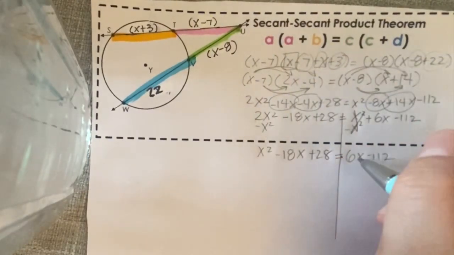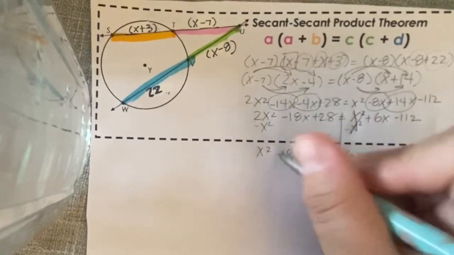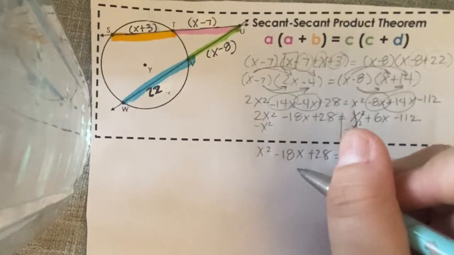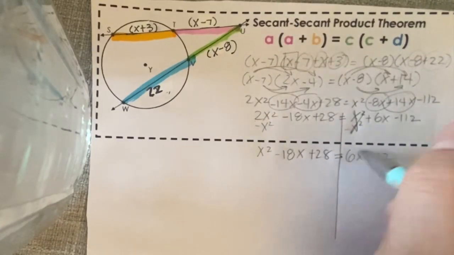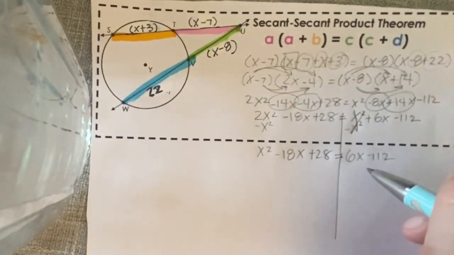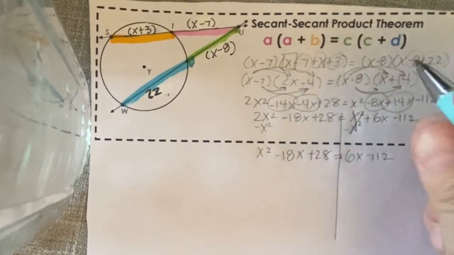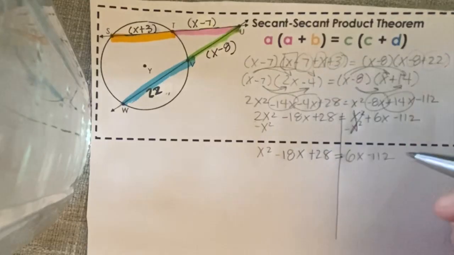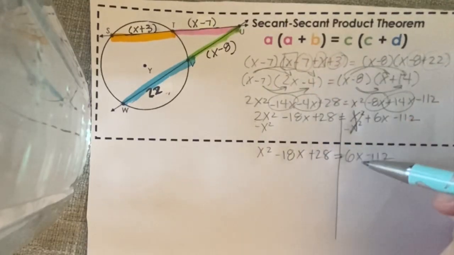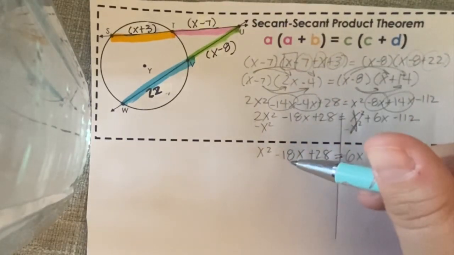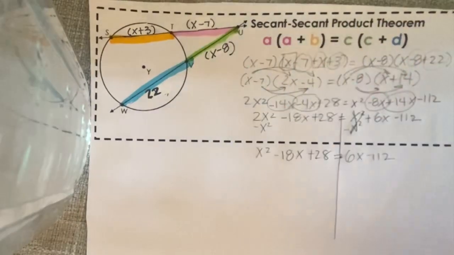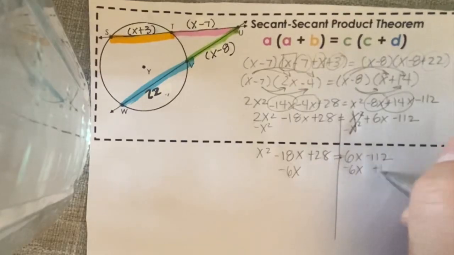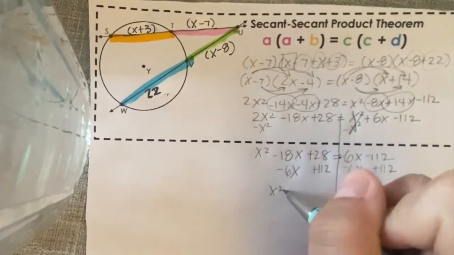Now we're going to move all of our x's over to the same side. This time we're actually going to get everything on one side and put 0 on the other. And you can think back to algebra when you were solving quadratics and factoring. So instead of getting all the numbers to one side and all the variables to the other, we want everything to be on the same side. And I can actually do both steps at once if you guys don't mind.